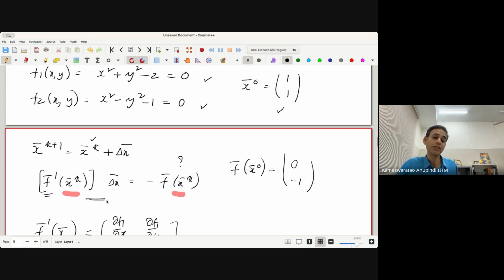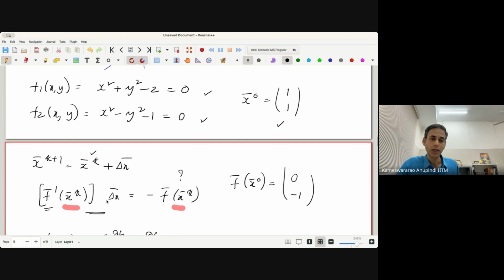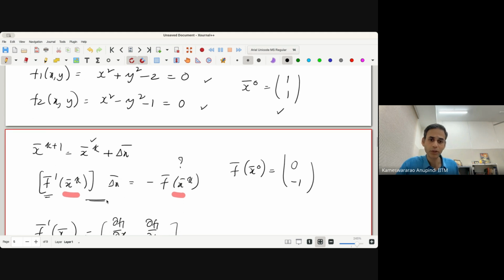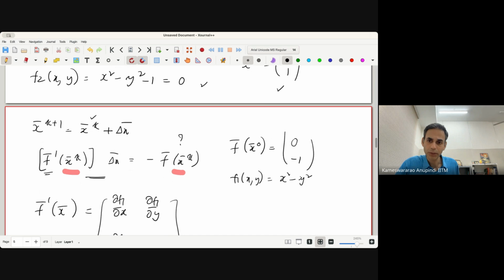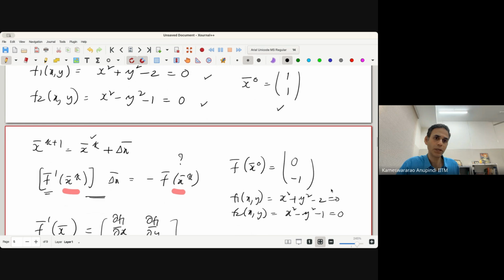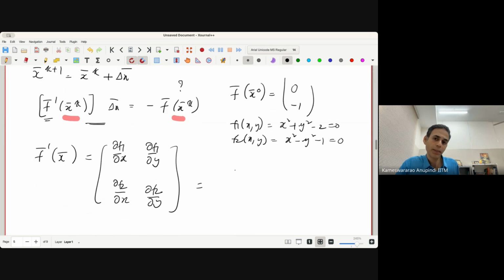I just wrote it in terms of x, y instead of x1, x2. So we have f1 of x, y equals x square plus y square minus 2 equals 0, and f2 of x, y equals x square minus y square minus 1 equals 0. So partial f1 by partial x is 2x, partial f1 by partial y is 2y, partial f2 by partial x is again 2x, and partial f2 by partial y is going to be minus 2y.